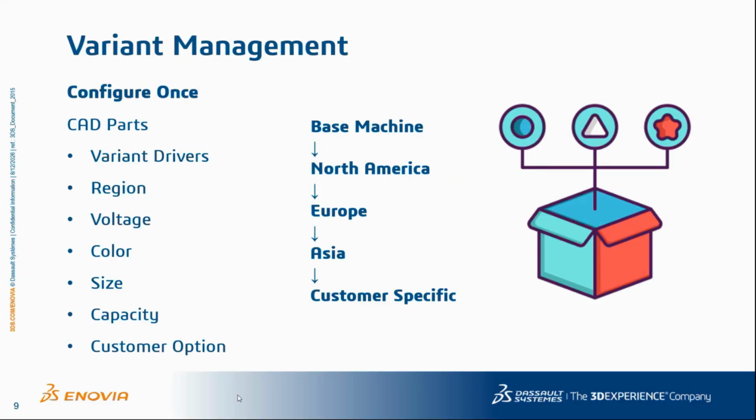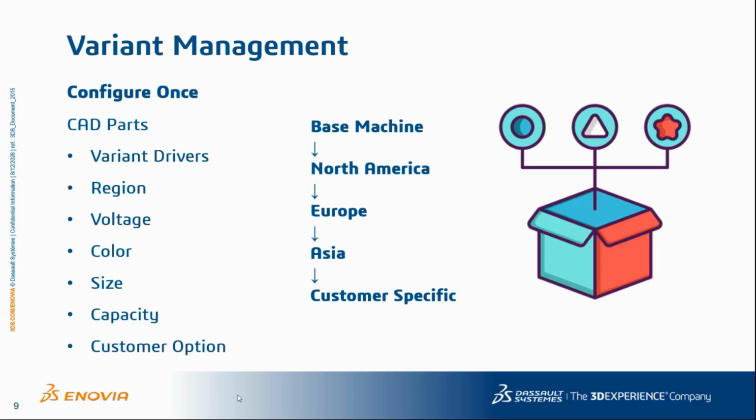Then you have variant management. To the right of your screen, you can see a base machine. I just have the workflow here. The base machine will be built based on Indian standard or any specification which you follow.